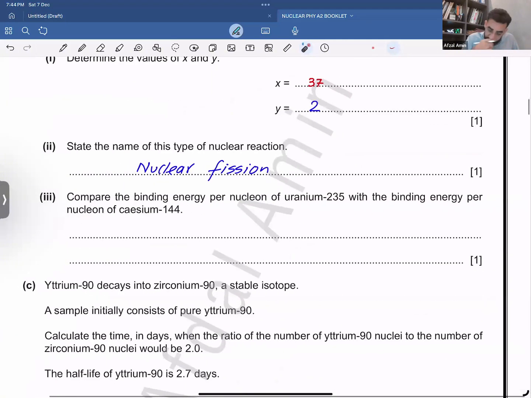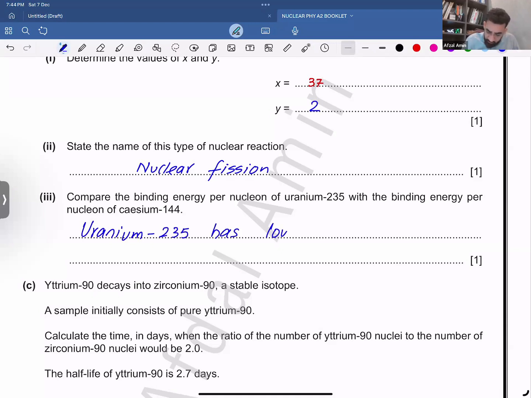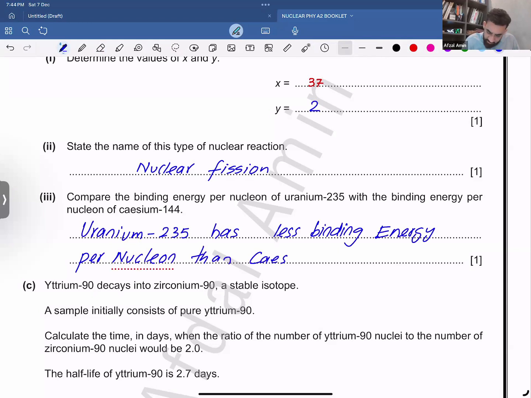So uranium 235 has less binding energy per nucleon than cesium 144.